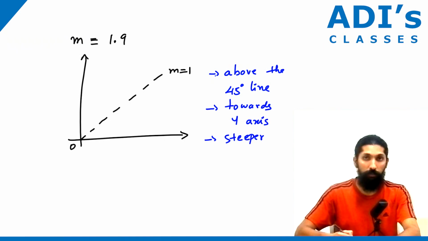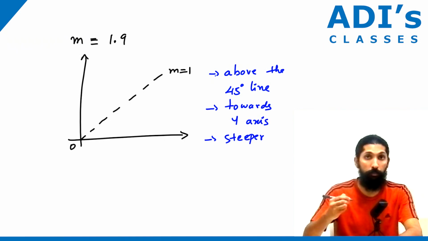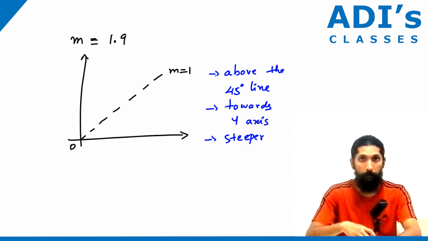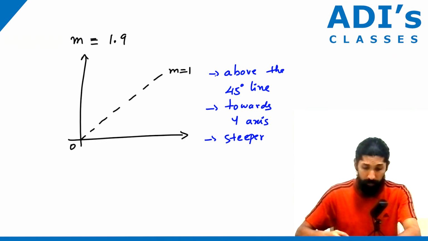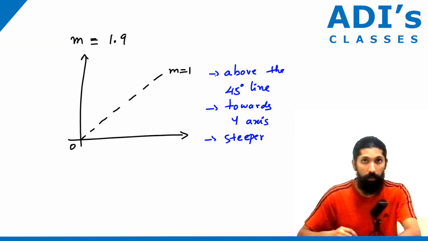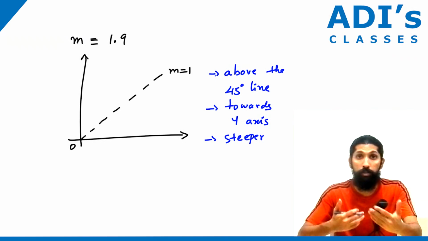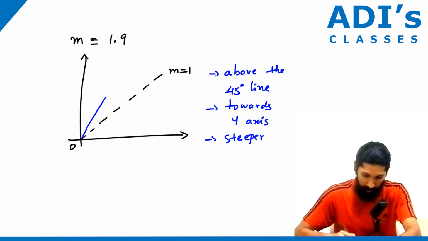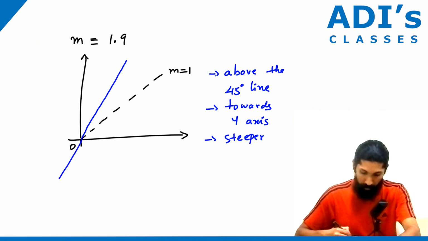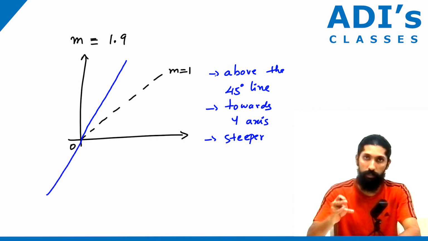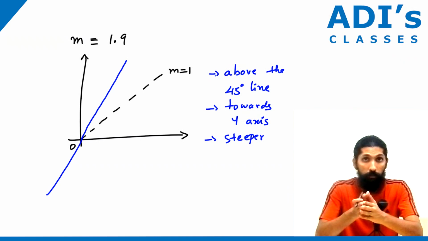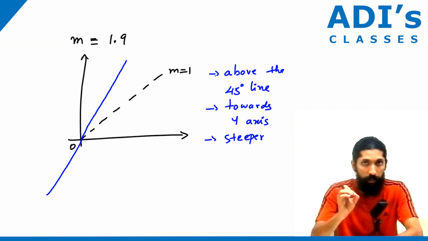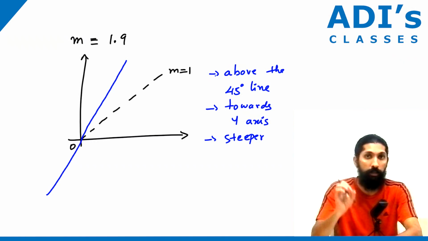So there are three ways of telling the orientation of the line with slope 1.9. Fair enough? So when we say m is equal to 1.9, intuitively I want you to visualize the line as going to be something like this. Or you can say the line will have an orientation this way.